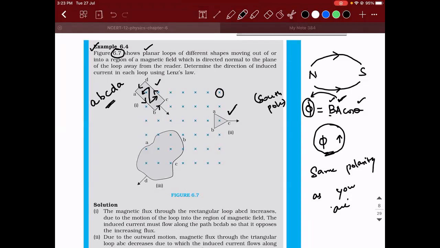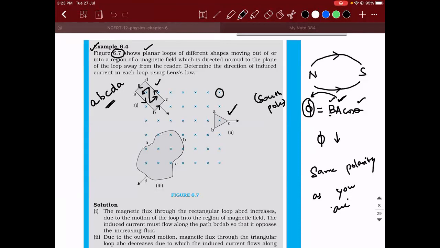In a similar way, when you take this second condition, it is a triangle, and the triangle is moving out of the magnetic field. So what is going to happen to the flux? The flux is going to decrease. Correct? When flux is decreasing, what will happen?